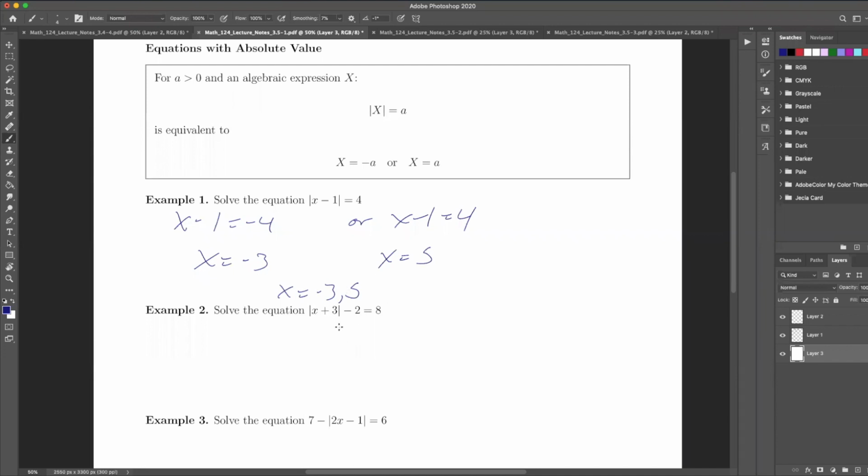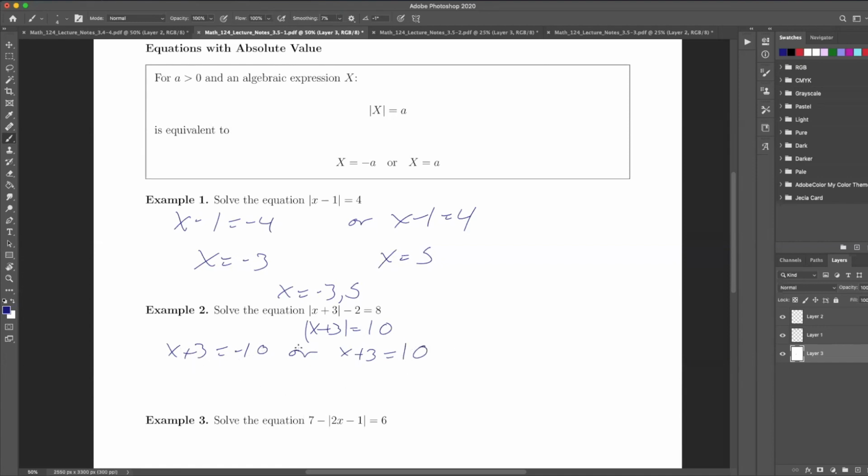Here, if we want to solve this equation, the first thing we want to do is get the absolute value to one side, like we did before. And so here we'll have the absolute value of x plus 3 equals 10. Then we write x plus 3 is equal to minus 10, or x plus 3 equals positive 10.